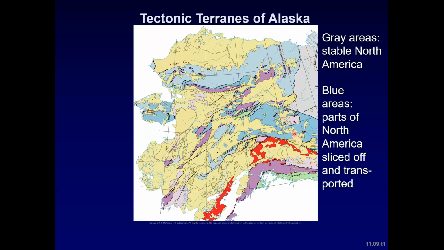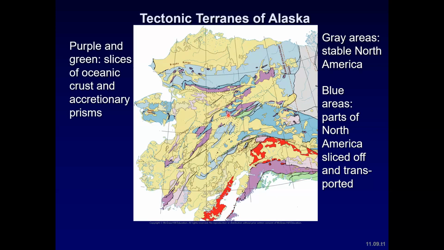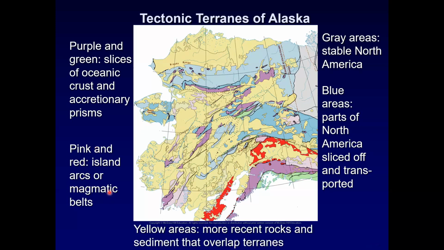The blue areas are parts of North America sliced off and transported. The purple and green areas, those are slices of oceanic crust and accretionary prisms. And then the pink and red, again, island arcs or magmatic belts. The yellow areas are more recent rocks and sediment that overlap terrains. So that is extremely cool. That's why Alaska is cool, for so many reasons.